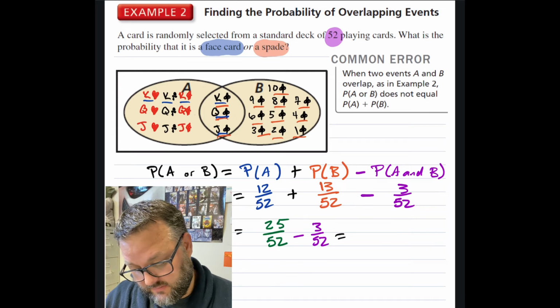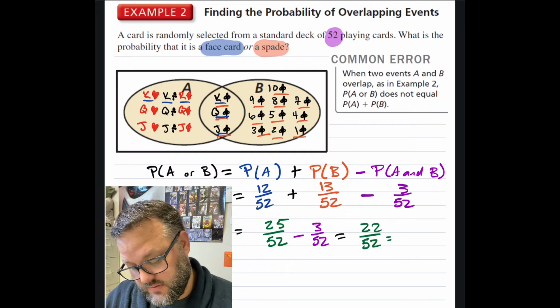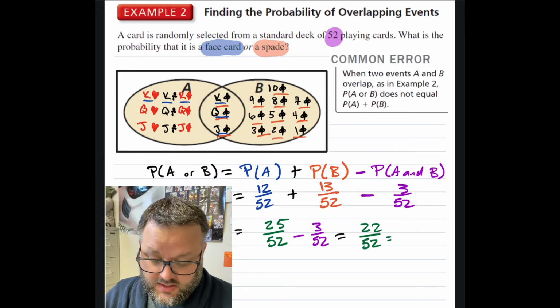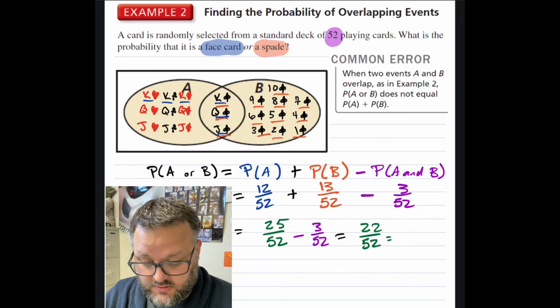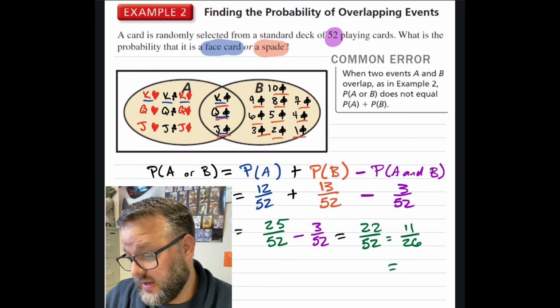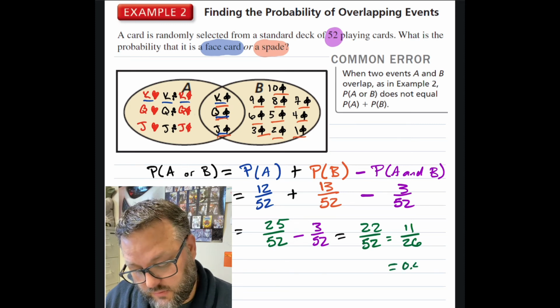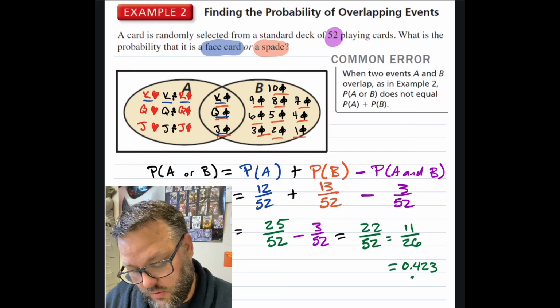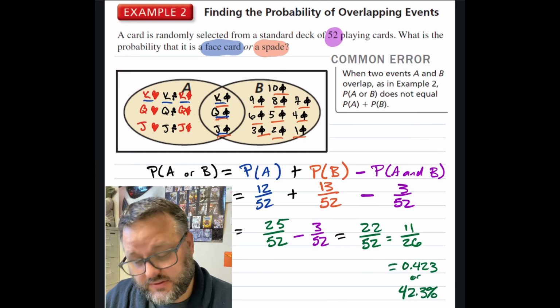Then 25 minus 3 is 22 out of 52, which is the same thing as, take 2 out, 11 out of 26. That's about the same as 0.423, or 42.3% chance.